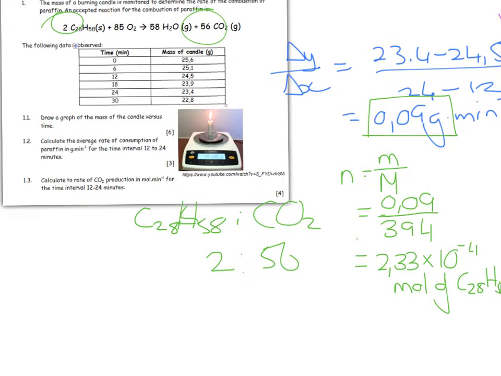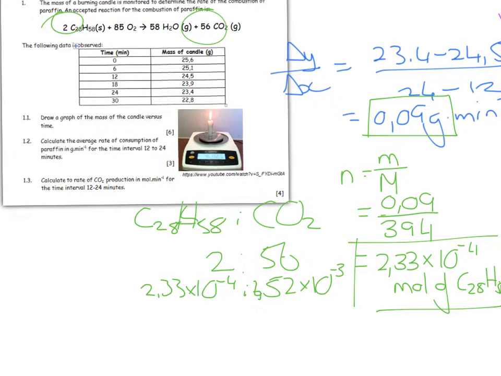Now I take that number of moles and I put it into a mole ratio. 2,33 times 10 to the negative 4 is 2. 2 is to 56, divide by 2, multiply by 56, and I get 6,52 times 10 to the negative 3 moles.